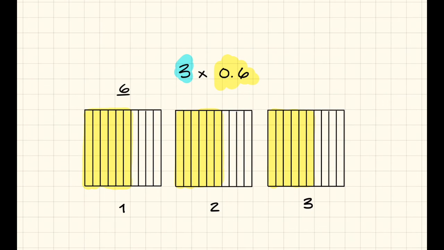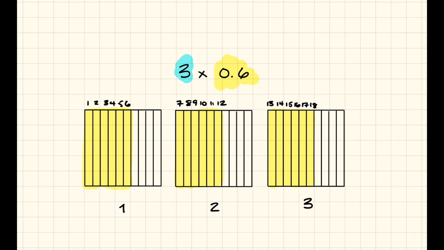So we've got 6 out of 10 here, and let me actually do this for you. I'm going to number them. So I have how many tenths? 1, 2, 3, 4, 5, and 6, 7, 8, 9, 10, 11, 12, 13, 14, 15, 16, 17, and 18.